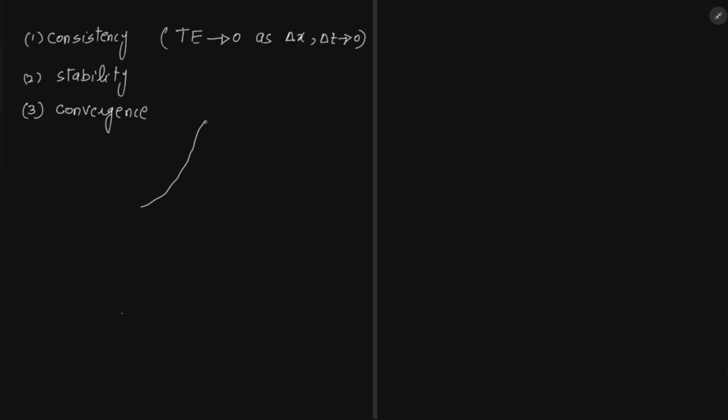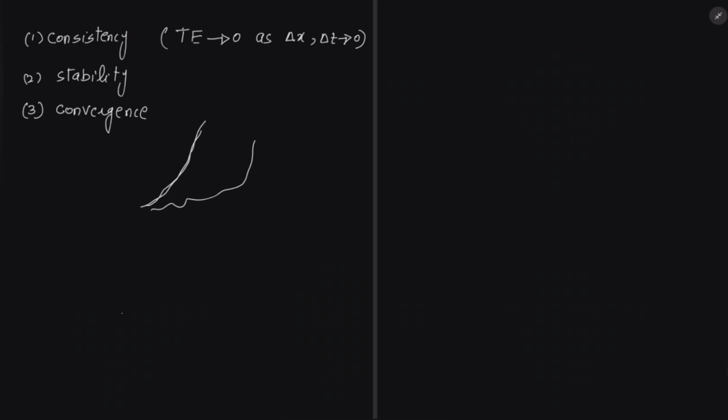Visually it is like this: as we decrease delta x and delta t, the numerical solution approaches the exact solution. This is called convergence, but we need mathematics for that.